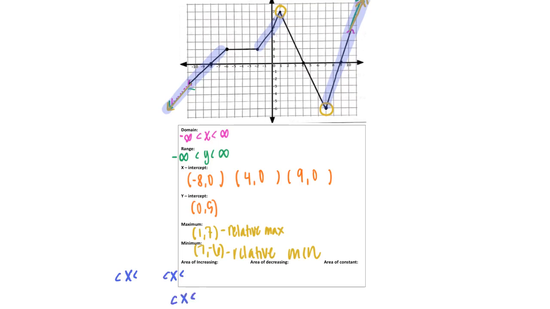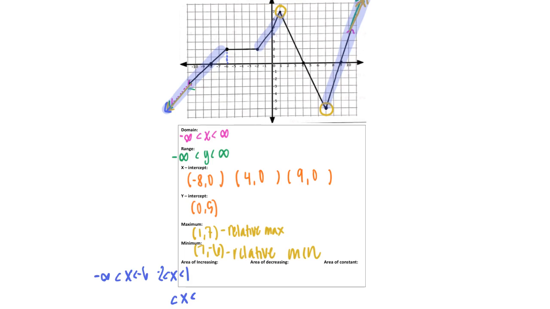This left portion, we look at the x-axis, it's going forever to the left, so we call that negative infinity, and it stops increasing at the x value of negative 6. The second portion starts at negative 2 and continues until the x value of positive 1.